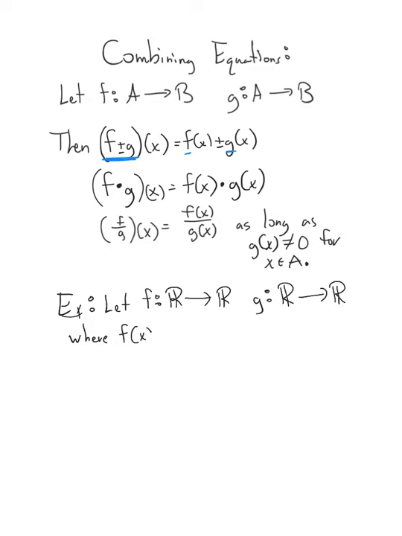So f takes a number, multiplies it by 3 and adds 4. G takes the number, subtracts 1, and then squares the result. So let's do the following.